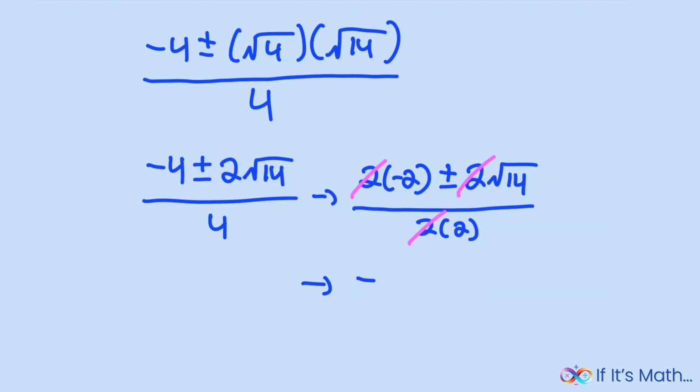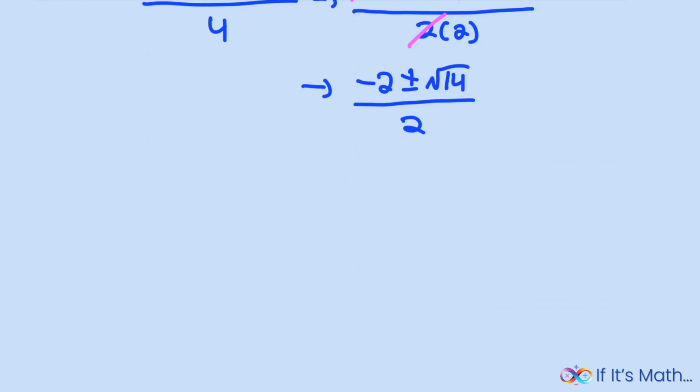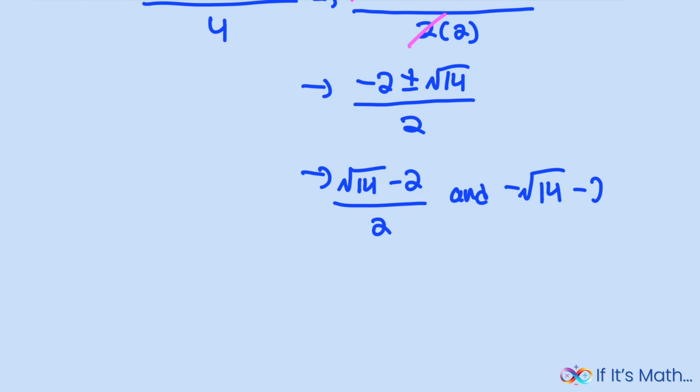That becomes negative 2 plus and minus the square root of 14, over 2. That gives you those two solutions.